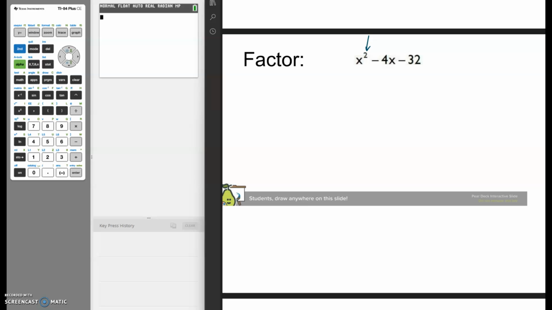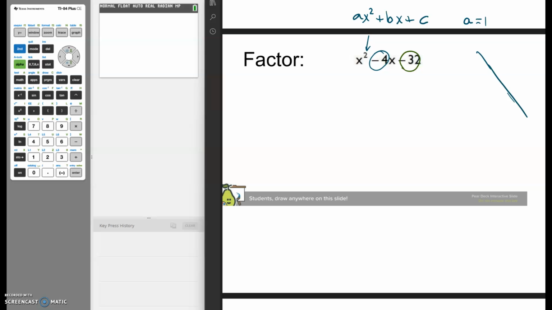So we're going to start with some of the earlier examples, where we're thinking about a quadratic in terms of ax squared plus bx plus c, when a equals 1. All we're in charge of really is looking at our constant, our c value, and our b value, the number in front of the linear term.